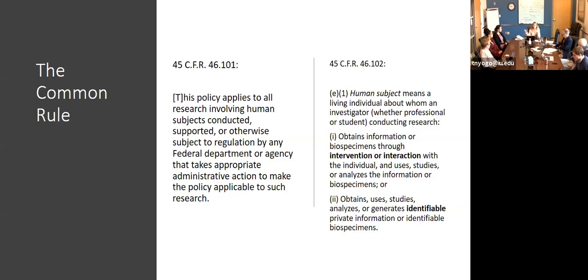So there was a distinction, there was a sort of semi-screen between those two individuals. John Moore, on the other hand, his physician, Dr. Gold, was both attempting to develop the patent line and actively treating the patient for hairy cell leukemia at the same time. So he was doing the intervention and interaction on identifiable specimens. So that was human subjects research.